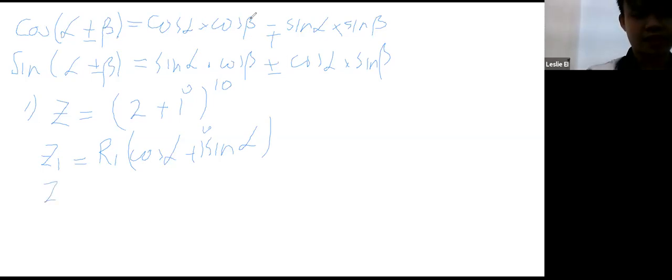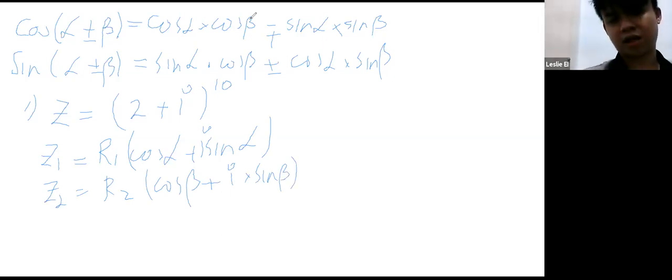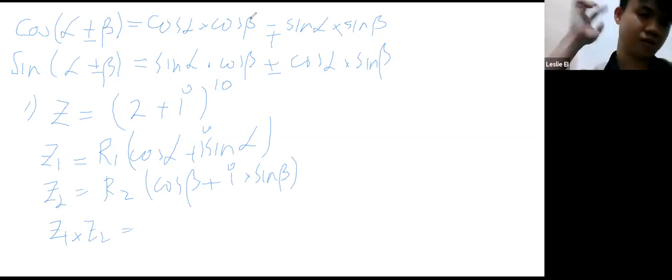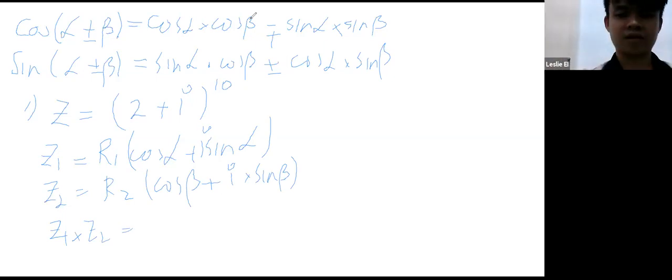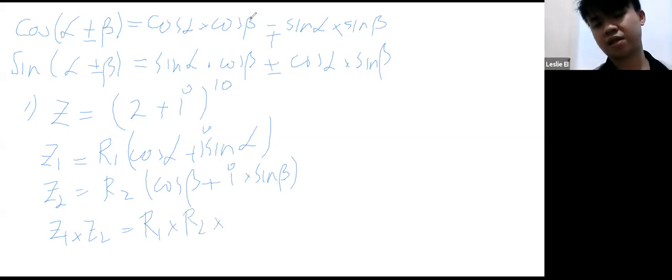Then the second complex number, the angle is beta. Then let's say I solve z1 times z2. It means I can multiply r1 and r2 first, right? Then what is left in the bracket? Leaving the cos plus i sine and cos plus i sine, right?